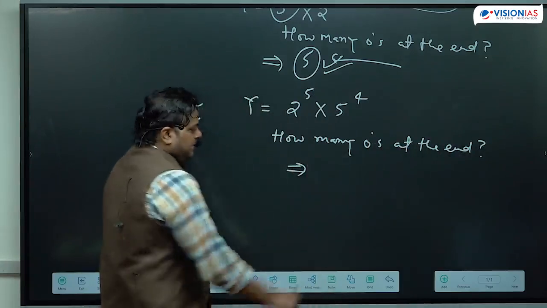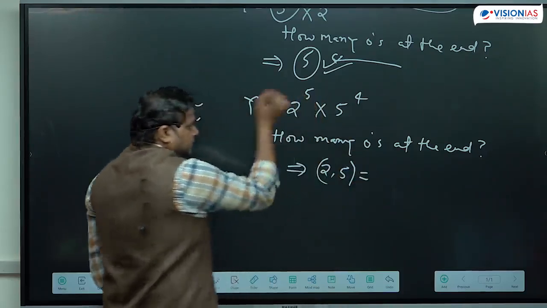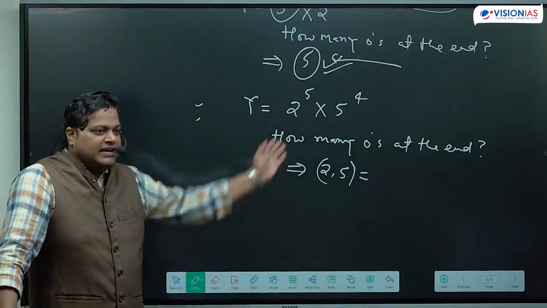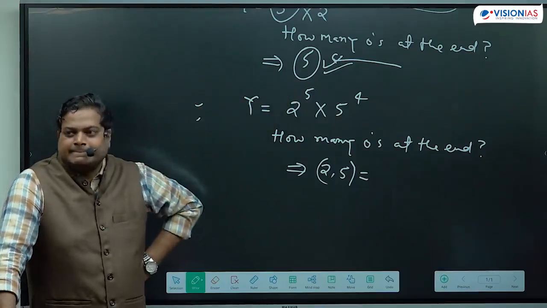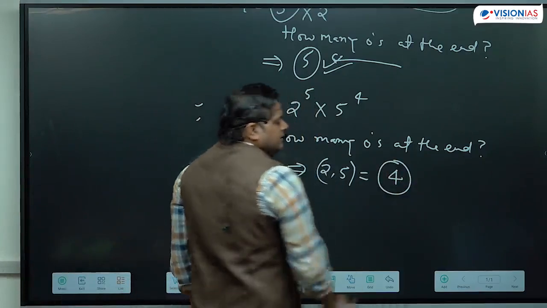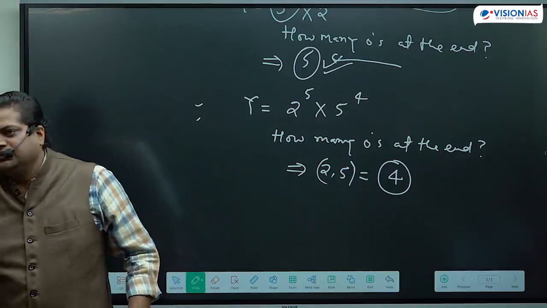How many pairs of 2 and 5 we can make? 2 तो 5 है. Why we cannot get 5 pairs? Because 5 तो 4 ही है. एक बेचारा 2 तो अकेला रह गया. So we can make 4 2 and 5 के pairs. Answer will be 4.